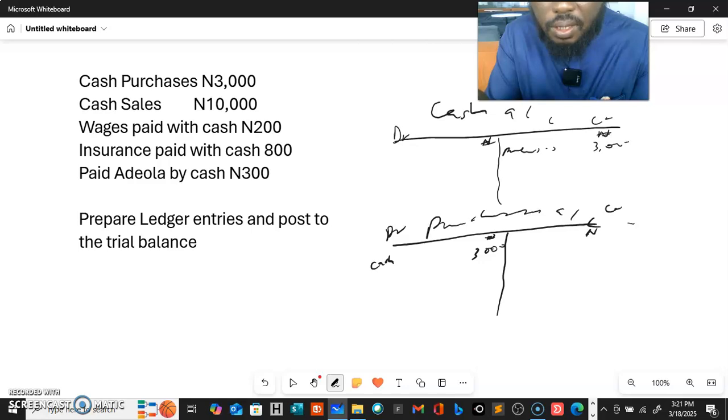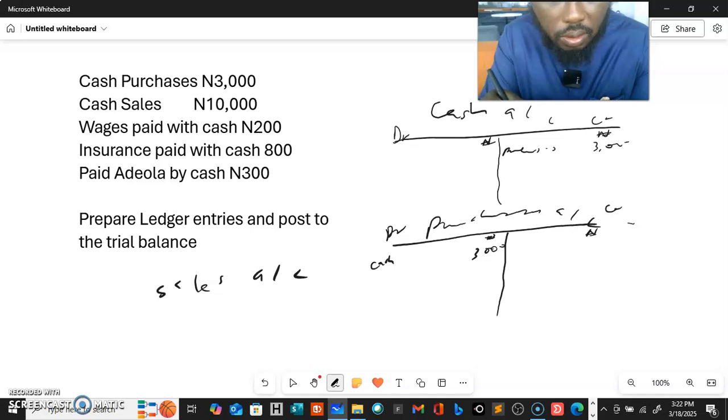So the next question says we have cash sales. That means we have to also have another account, which is sales. So I'm going to draw the sales ledger account here.